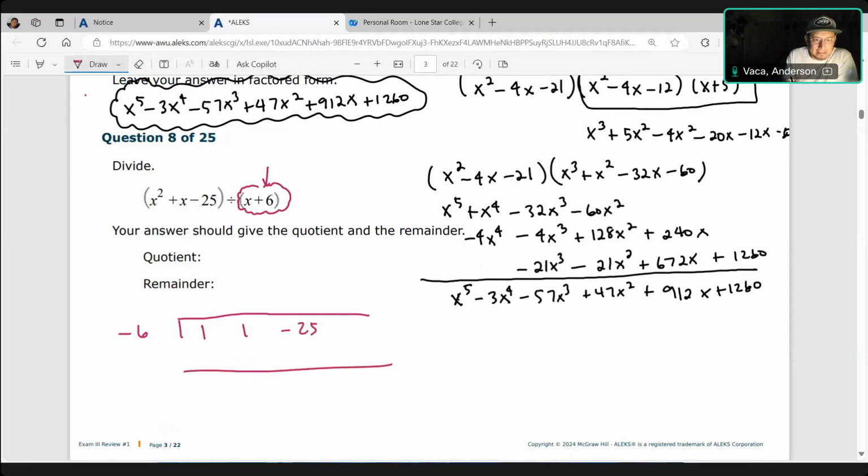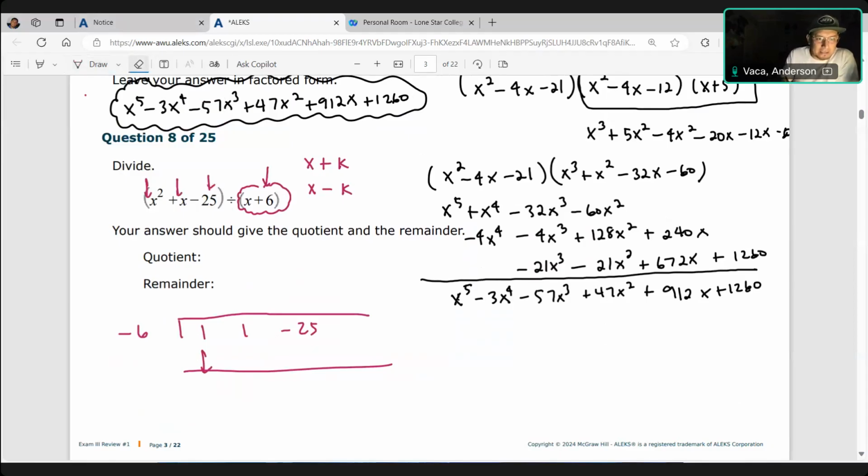If you haven't seen synthetic division, it's a very useful technique when we are trying to divide by binomials that look like so. Notice that you see here a plus 6. I'm using a minus 6. And where is this 1 and 1 negative 25 coming from? It's coming from the coefficient of x squared, the coefficient of x, and the constant.